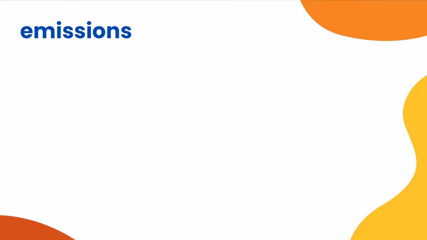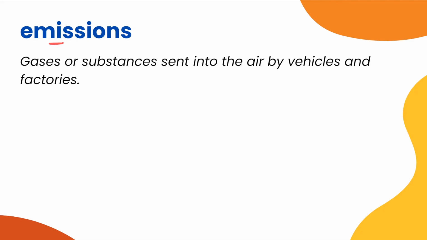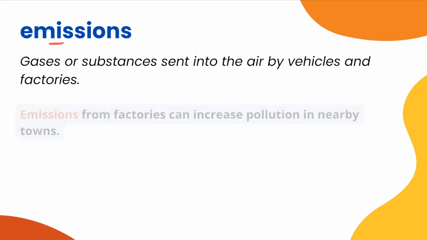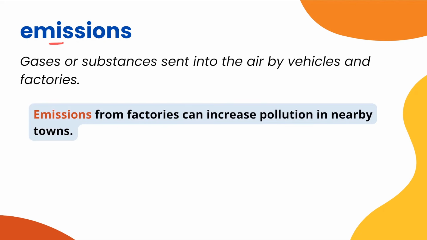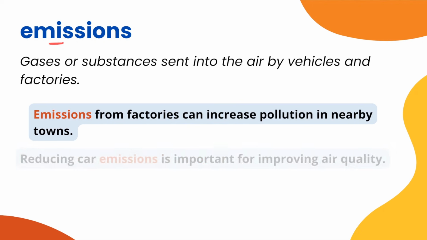Emissions. So the stress is here. Emissions. These are gases or substances sent into the air by vehicles and factories, often harmful ones, related to pollution. As in this example, emissions from factories can increase pollution in nearby towns.